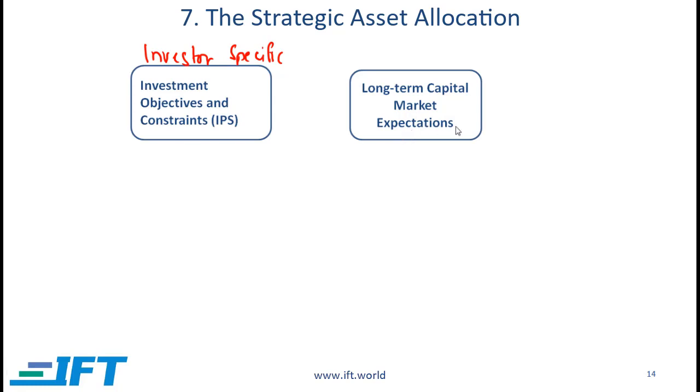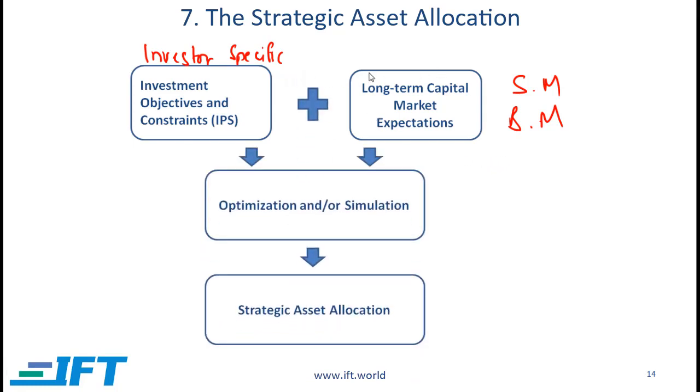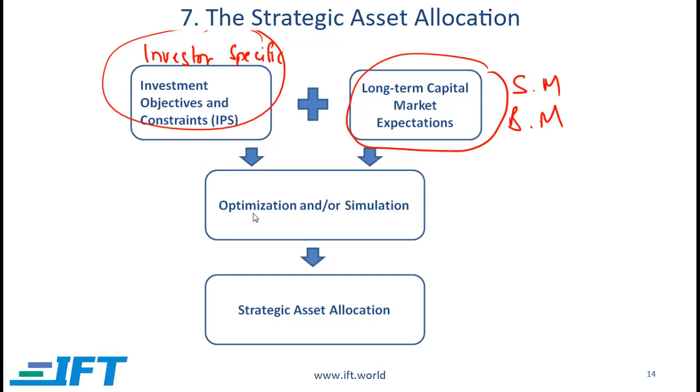This involves defining our expectations related to the stock market, the bond market, and markets for other asset classes in which we might invest. We combine information about the investor with information related to the markets, run through an optimization or simulation exercise, and then come up with the strategic asset allocation.